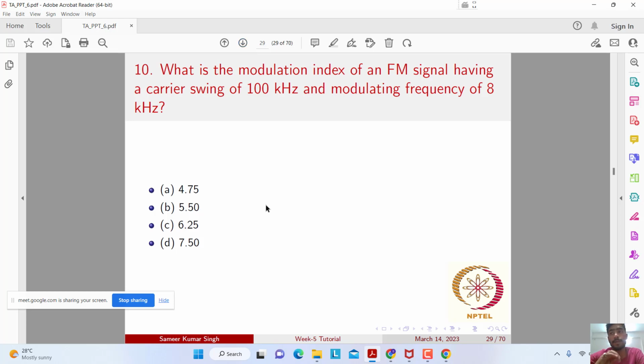Okay, question number 10 is: what is the modulation index of an FM signal having a carrier swing of 100 kilohertz and a modulating frequency of 8 kilohertz?